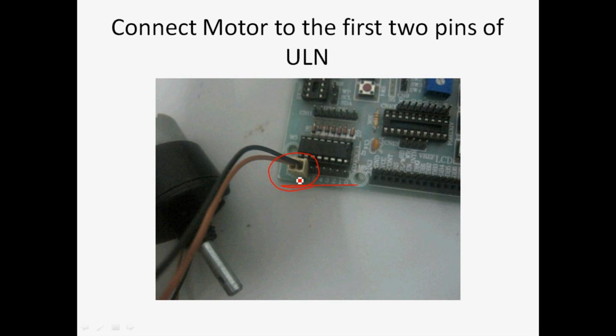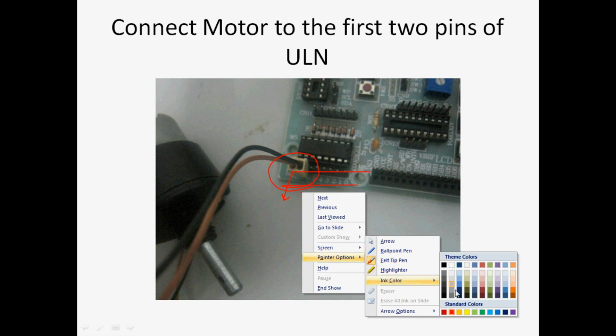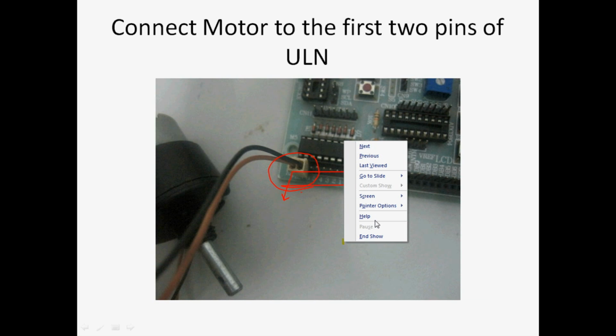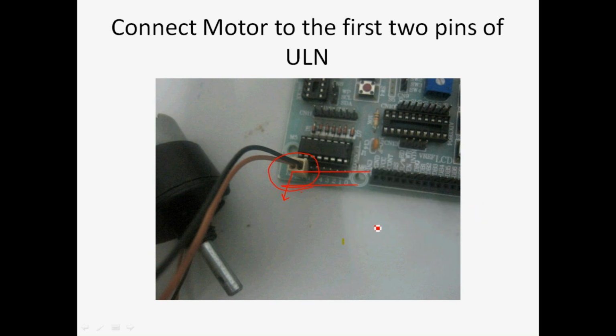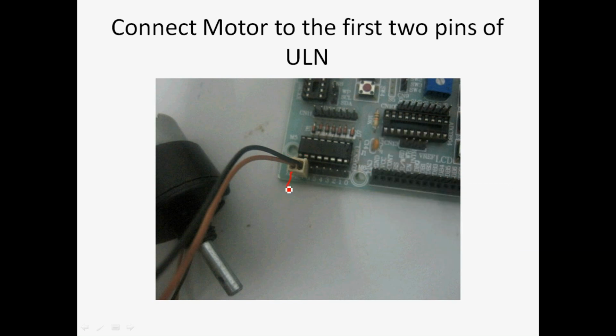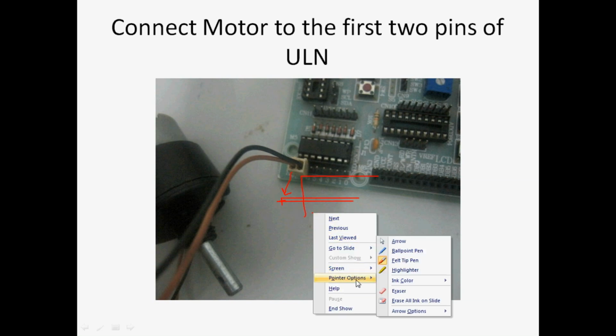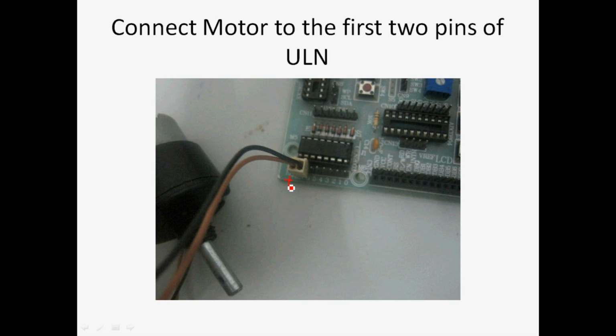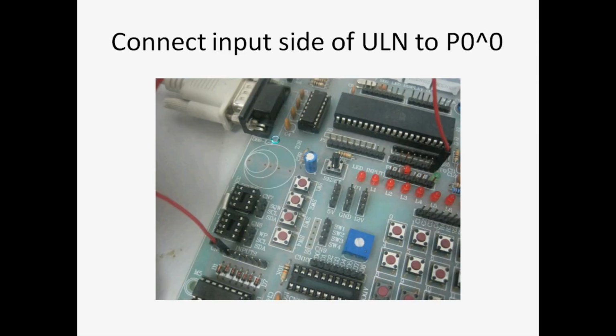You have to connect it such that the left pin will be the positive, and this one is negative, positive and negative. Connect the input side of ULN to port 0 0 pin. So by using a jumper, connect this pin with this pin.